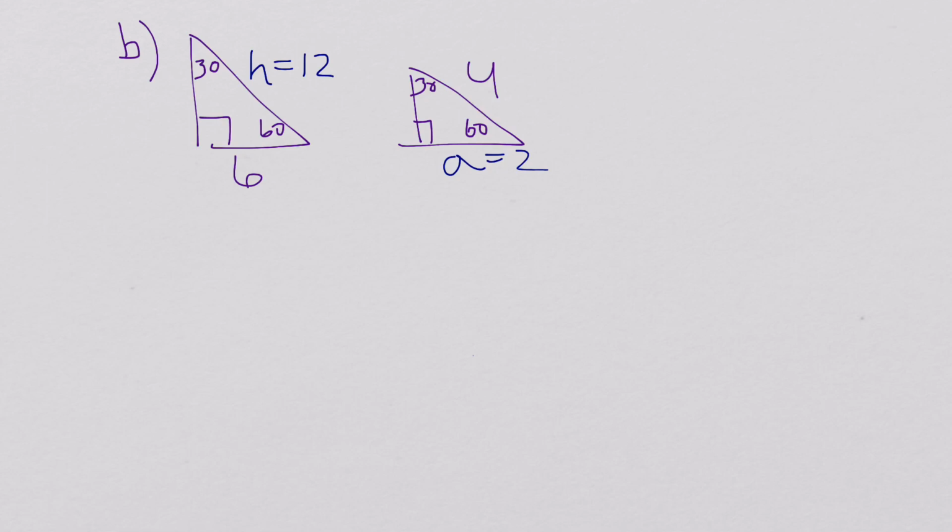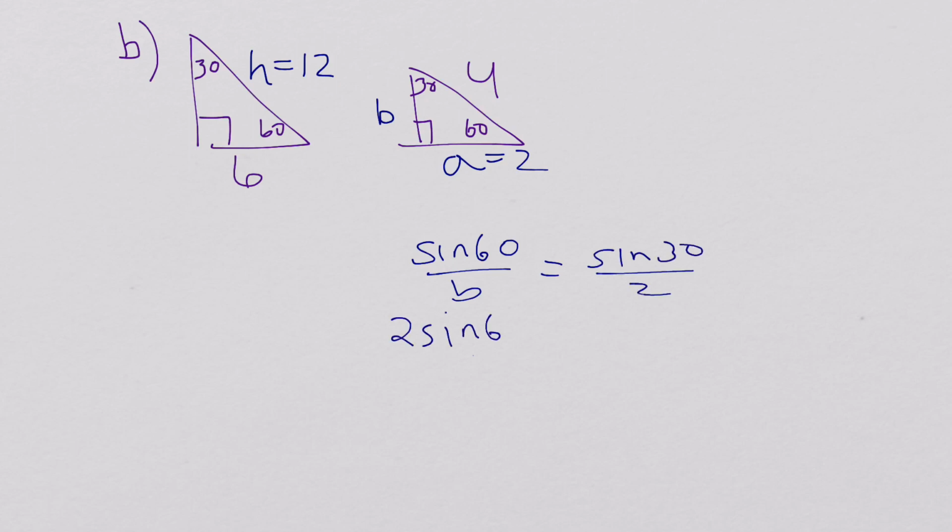Let's go ahead and find the last value. So you could use Pythagorean theorem here, you could use anything you wanted. I'll just continue with law of sines. I'm going to call this one b up here. So sine 60 over b equals sine 30 over 2. 2 sine 60 equals b sine 30.